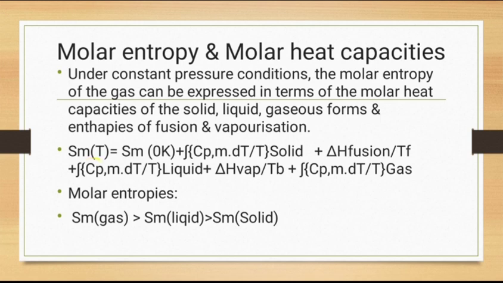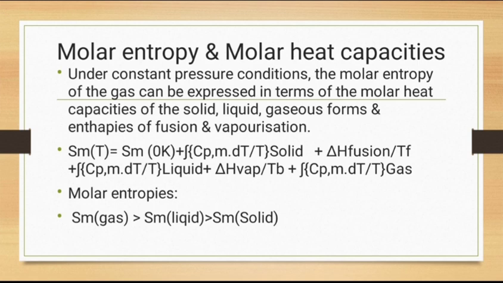The absolute entropy is equal to the molar entropy at 0 Kelvin, which we have taken, plus the integration of Cpm, that is the molar heat capacity at constant pressure, times dT divided by T for the solid, then plus delta H of fusion divided by Tf.